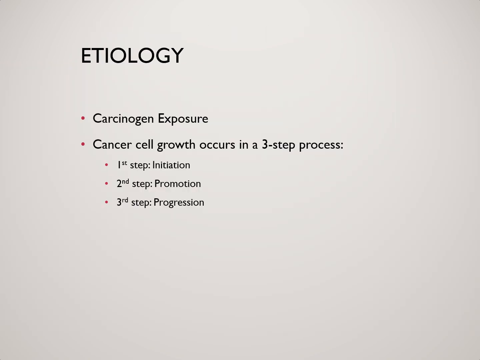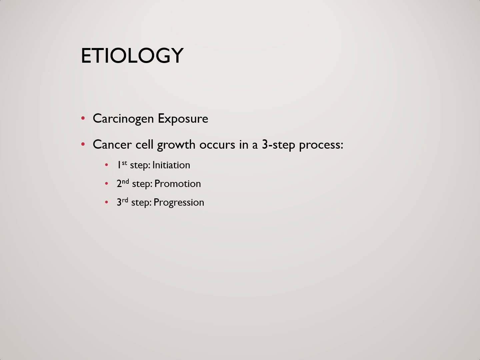The etiology, or the cause of cancer. Cancer cell growth and reproduction involve a three-step process, and that is initiation, promotion, and progression. Your first step, initiation, is the result of an alteration in the genetic structure of the cell, the DNA. So you have that mutation occurring.